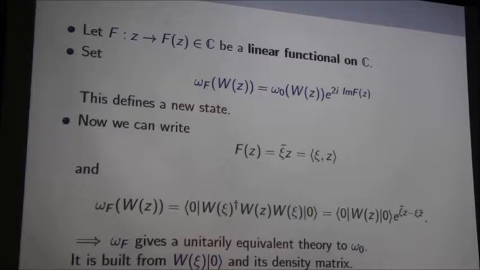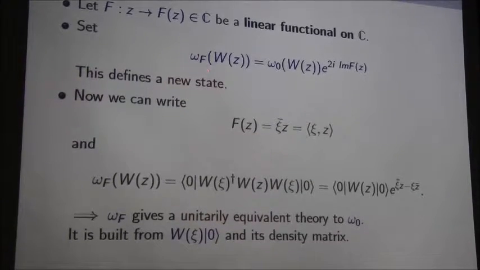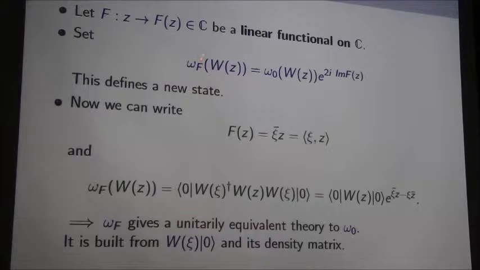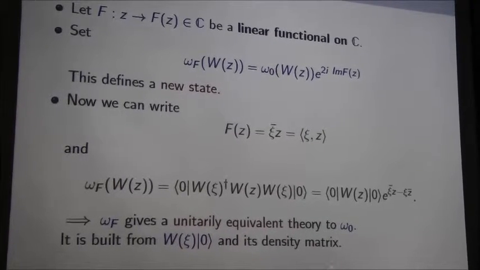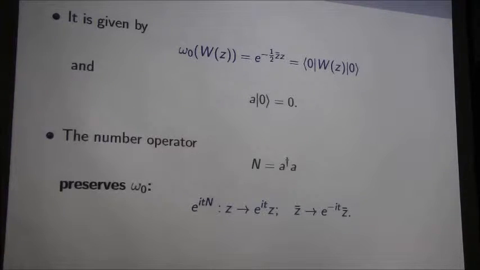Now, what I want to tell you in the next few minutes is how to change this state. Omega 0 was defined by this equation, saying that omega 0 on Wz is this one.